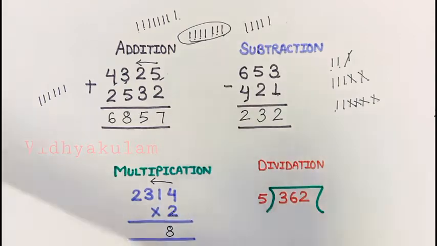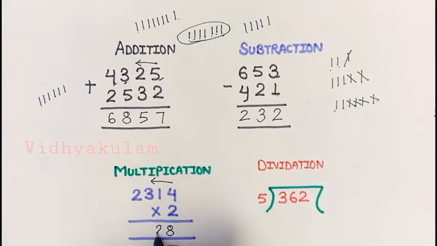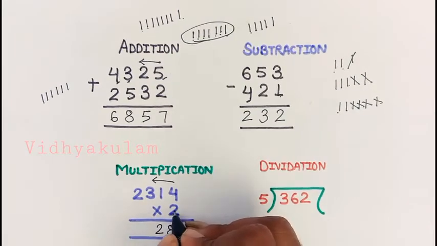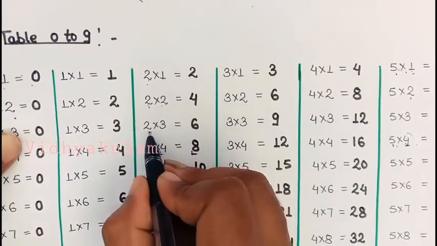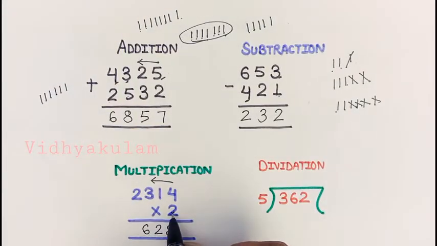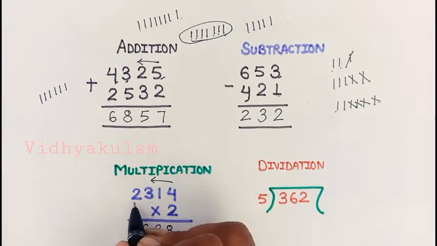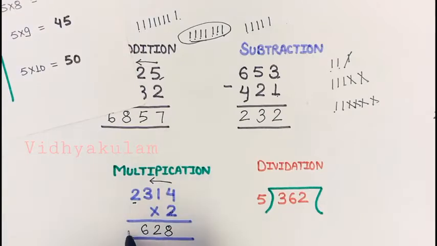So 2 1 ja means 2. So here we will write 2. Now multiply 2 by 3. So 2 3 ja 6. Now the last one is 2 multiplied by 2. 2 2 ja is 4.